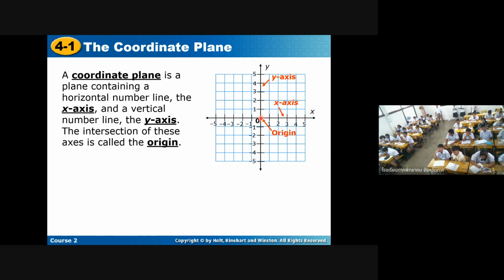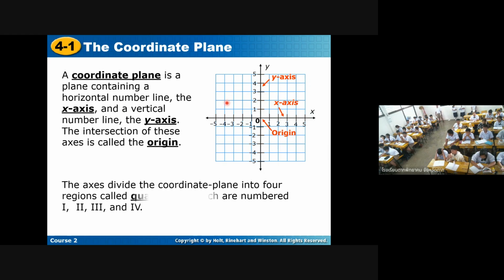Now, in this given plane, it is divided into 4 sectors. So this part, this part, this part, and this part. These sectors are what we call the quadrants.